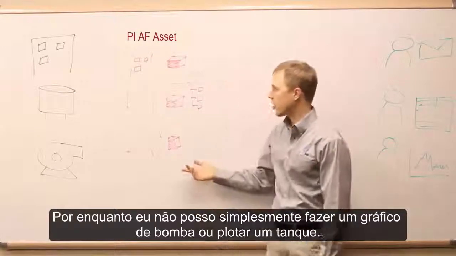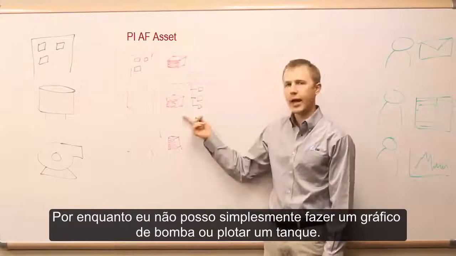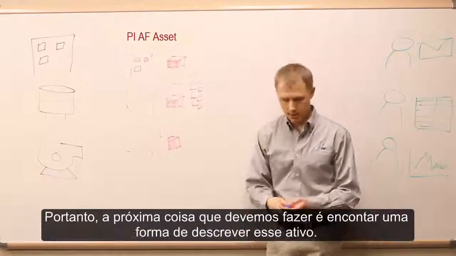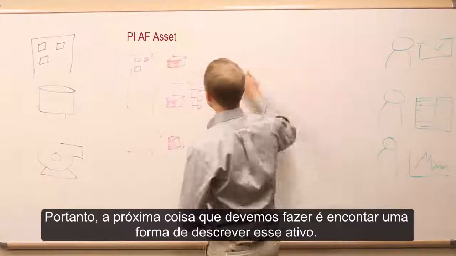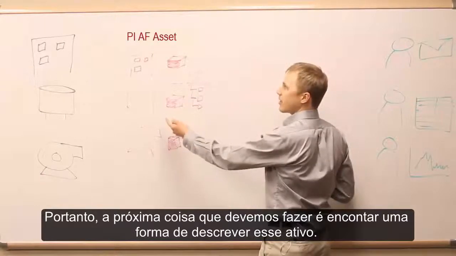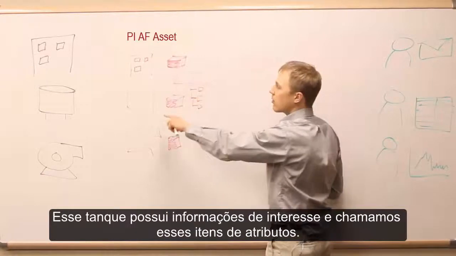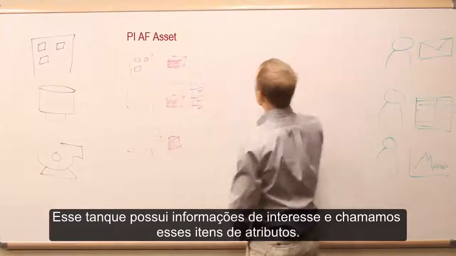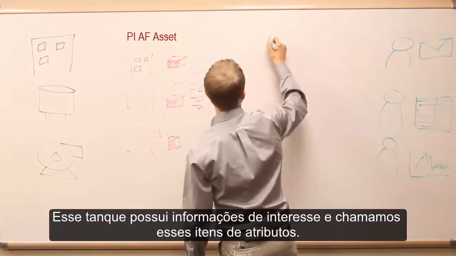Right now, I can't just chart pump, and I can't just chart tank. That's an item, not a stream of data. So the next thing is we need some way of describing this asset. This tank has things about it that are of interest, and we would call those all attributes.